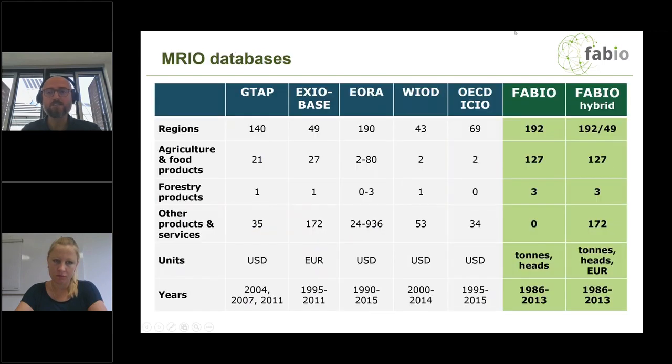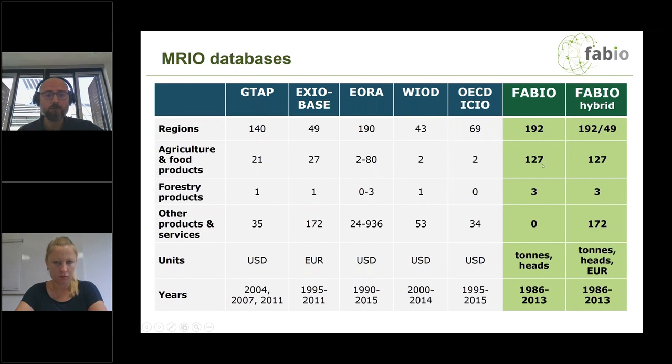Then on the next slide, you can see a comparison of different available MRIO databases. And here you see that FABIO is among those with the highest country detail, with 191 countries plus rest of world.